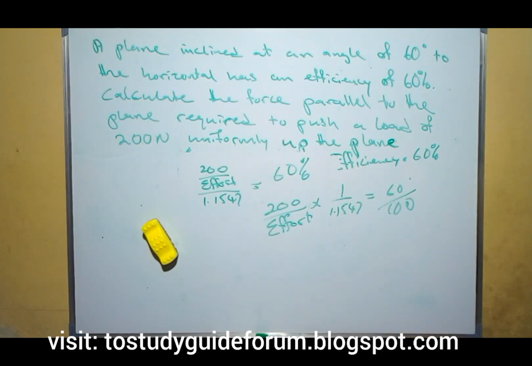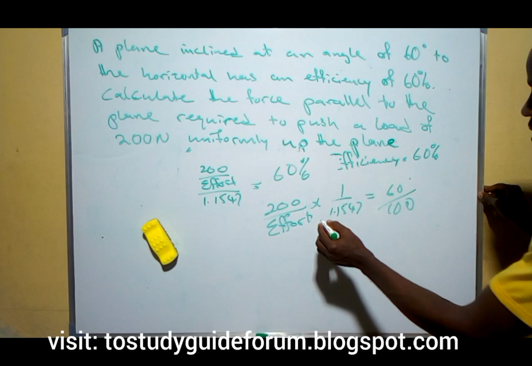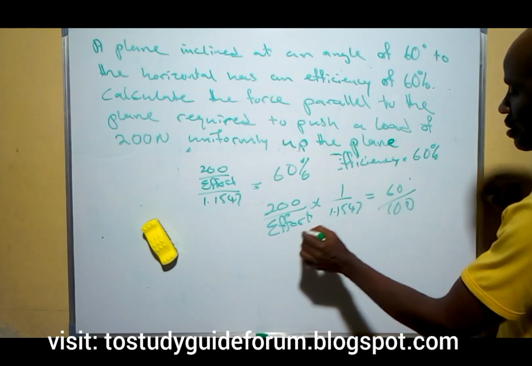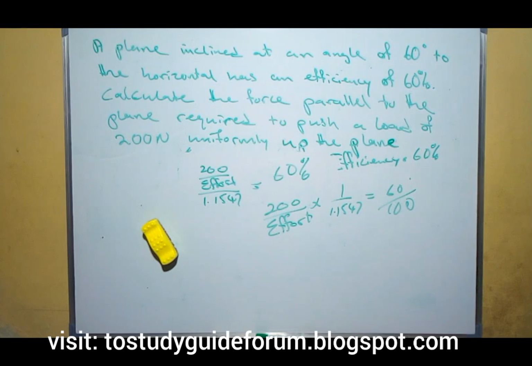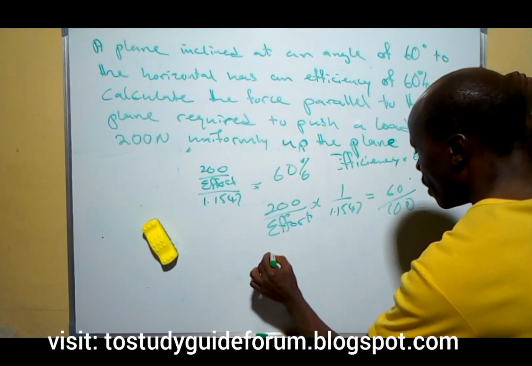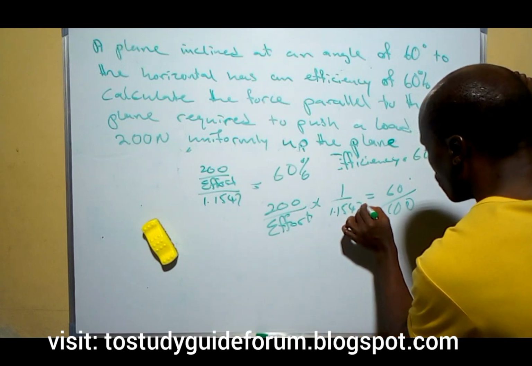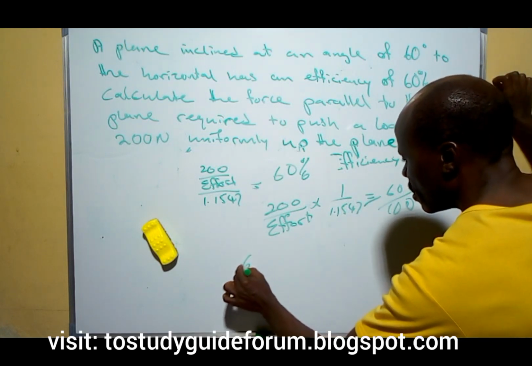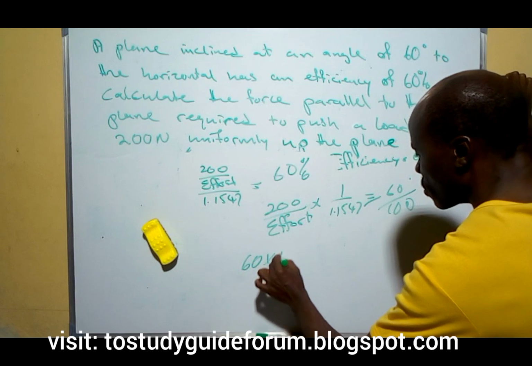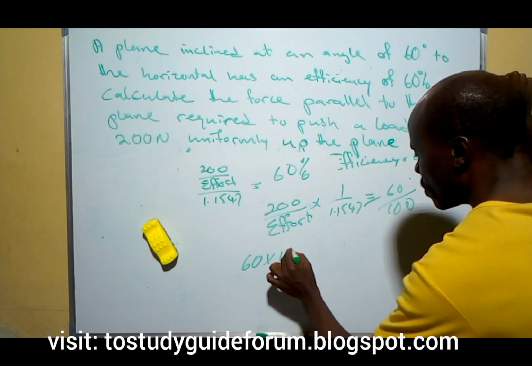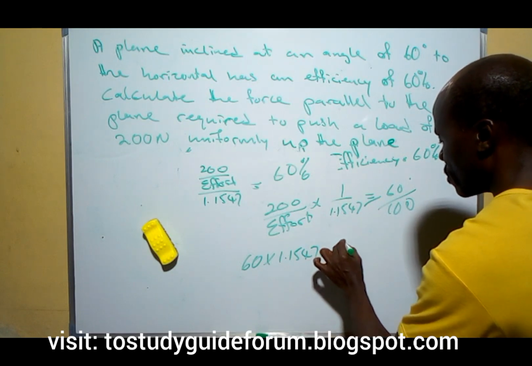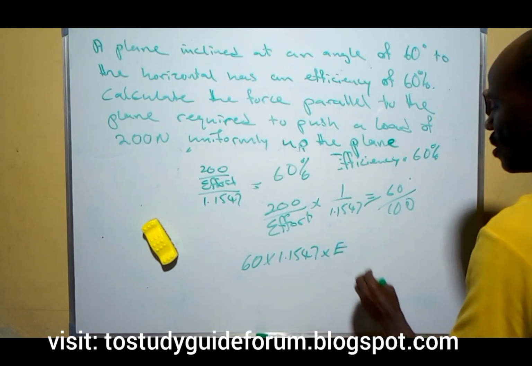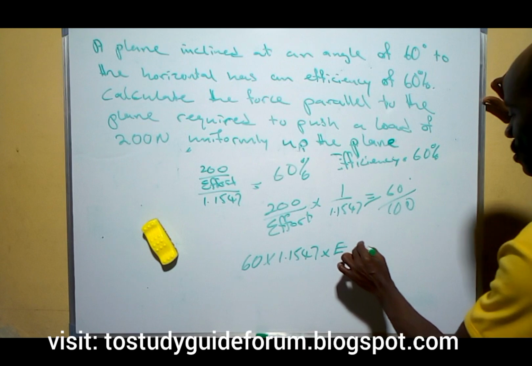So when we cross multiply this, this will multiply that one. We have 60 times 1.154 times our effort. Let's just use E to represent the effort.